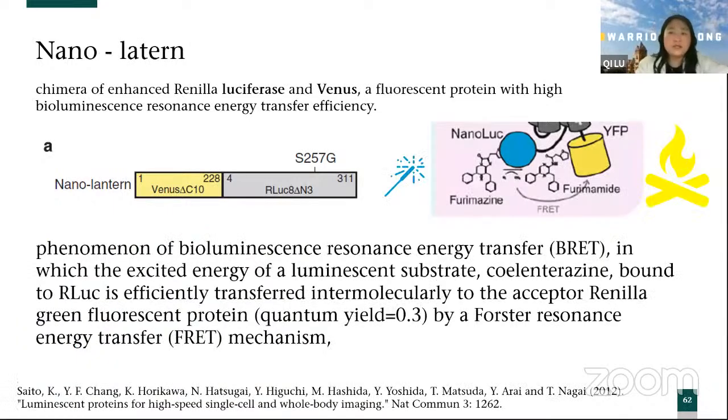And when it gives the trigger, the YFP is like a bonfire that provides a most intense light signal for the device to capture the membrane change.